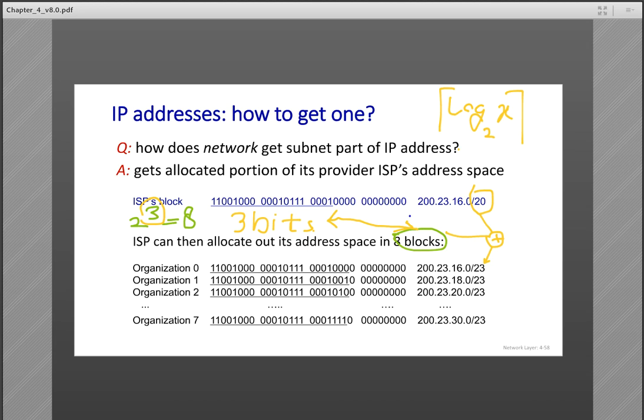Look at this one here. In the first networks, I'm just using this one, and look at this one here.